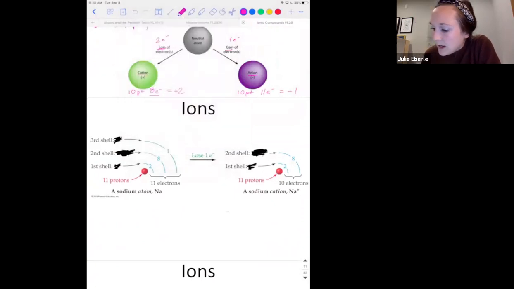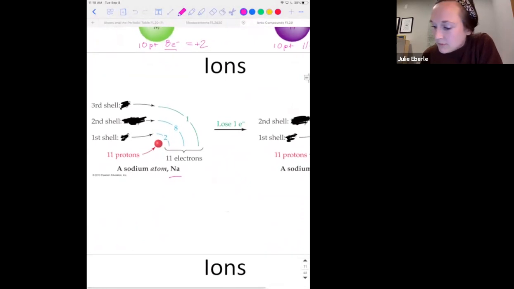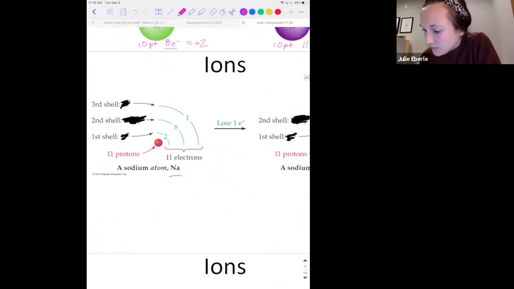All right. We have a sodium atom, okay? Na, it's a main group 1, an alkali metal, and in a regular sodium atom, we have 11 protons. It's on row 3 of the periodic table, so we drew shell number 1, shell number 2, and shell number 3.